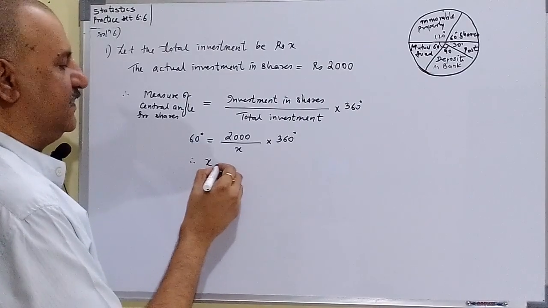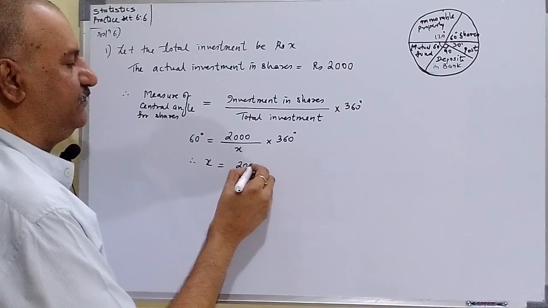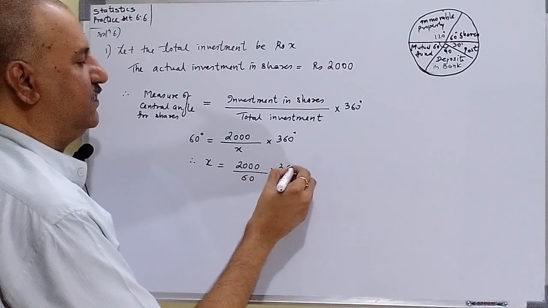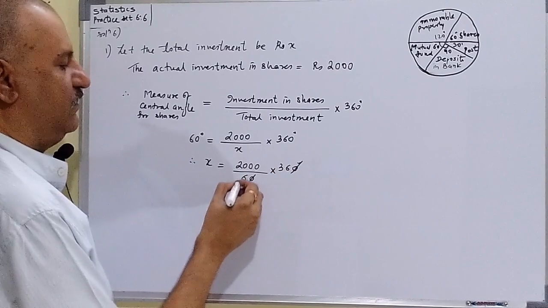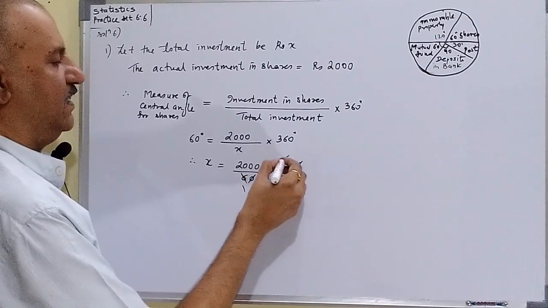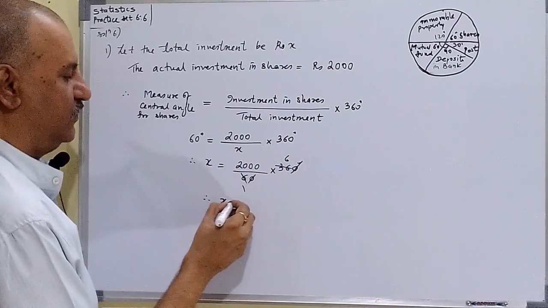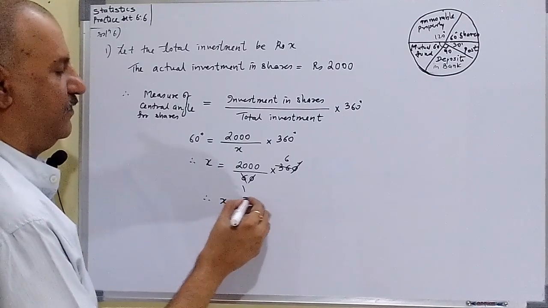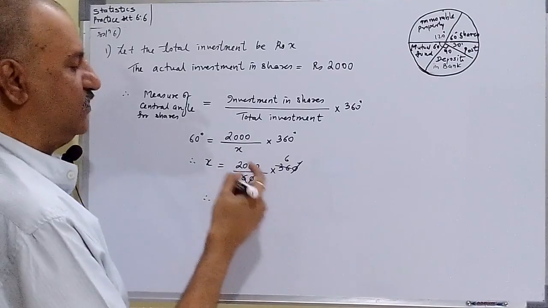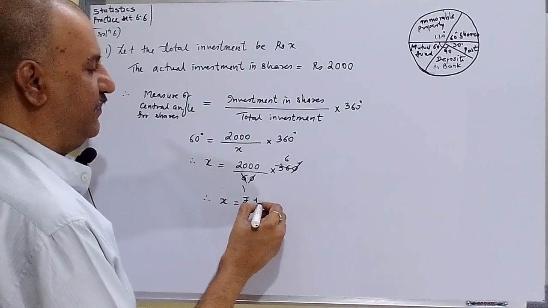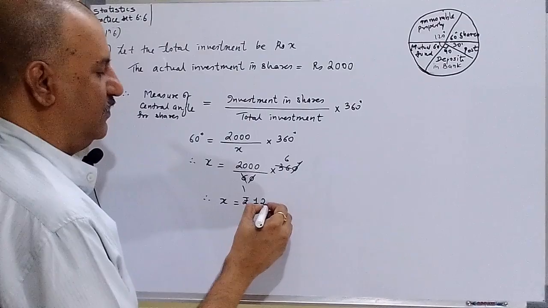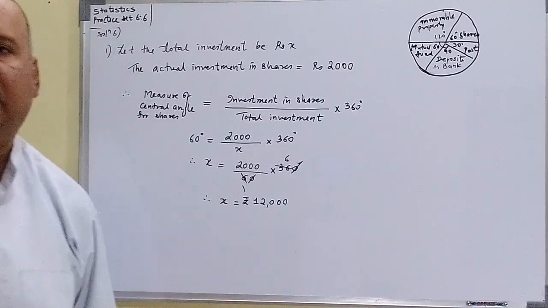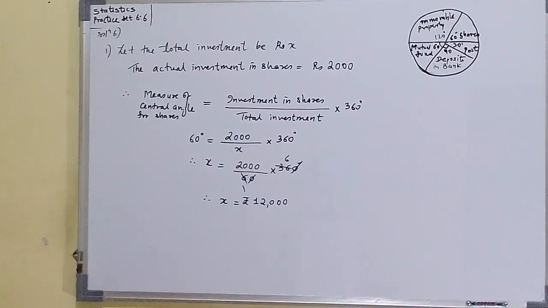We have to find X. So it will be 2000 upon 60 into 360 degrees. So 0, 0 get cancelled out. 6 ones are 6, 6 sixes are 36. 6 twos are 12. So 12,000 rupees is the total investment.